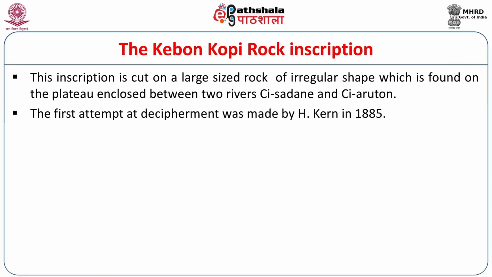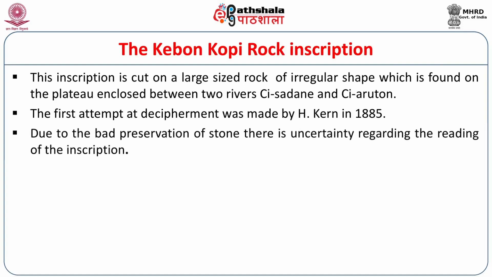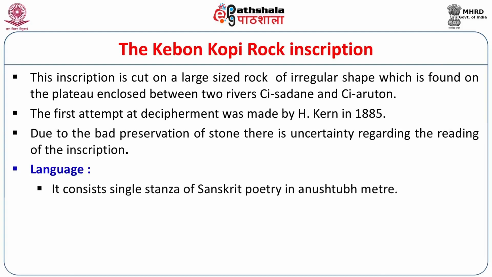The first attempt at decipherment of this inscription was again made by H. Kern in 1885. But due to the bad preservation of the stone, there is uncertainty regarding the reading of the inscription. The language is of course Sanskrit, and it is in Anushtubh meter, but it consists only of one single stanza. The script is again Pallava.